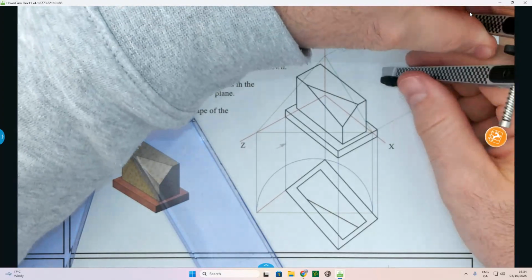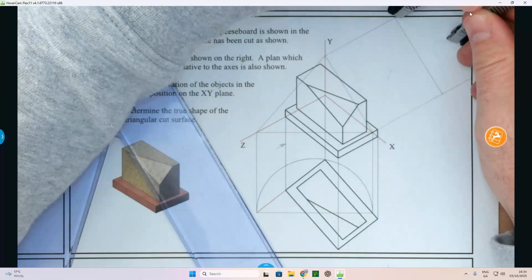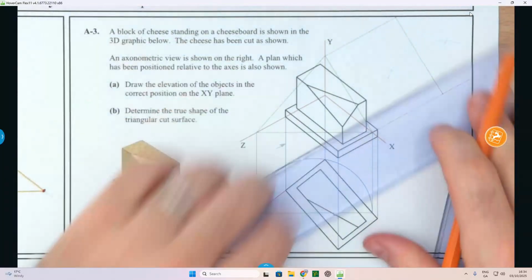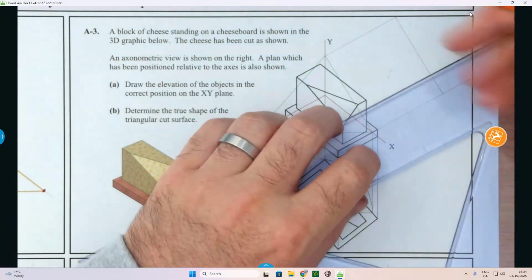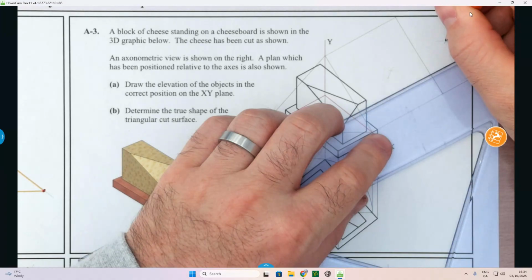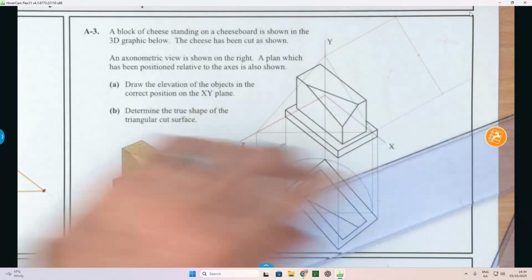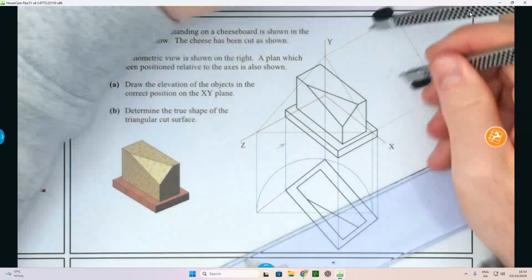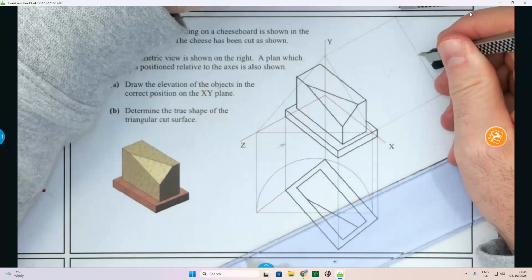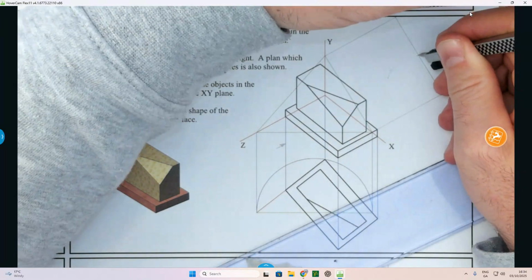Okay, so now that I have that bisected, find the middle. So there's my middle, and now I'm going to draw in my semicircle. Take your time.